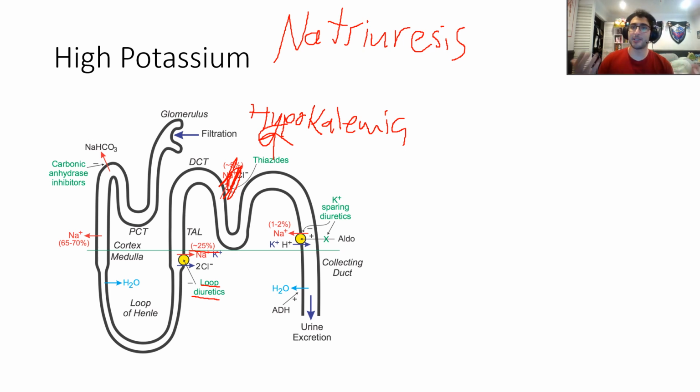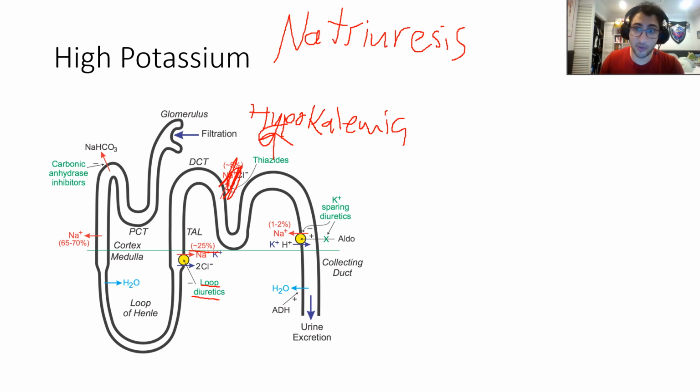We're giving these loop diuretics because our patient is fluid overloaded, right? In a congestive heart failure patient, you need to get all that fluid out of them. And one of the best ways you can do that is using a loop diuretic, and you can achieve this natriuresis. However, there are a couple things you have to consider.